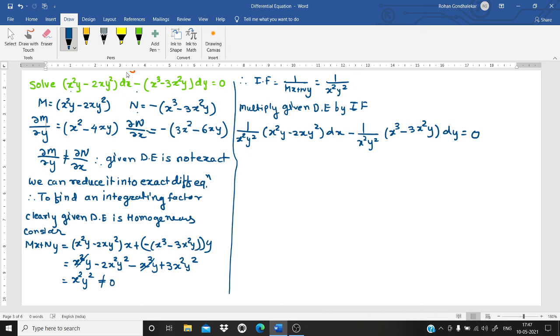When I multiply the first term, x square y upon x square y square, minus 2xy square upon x square y square dx, minus x cube upon x square y square, minus 3x square y upon x square y square dy.